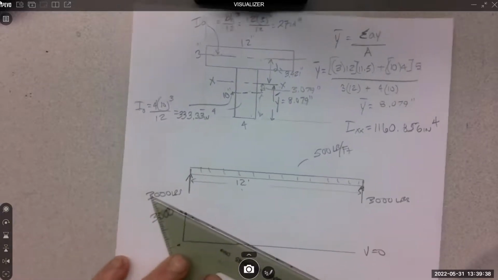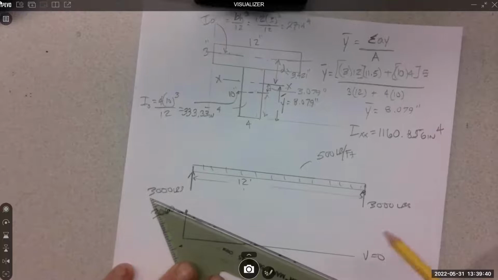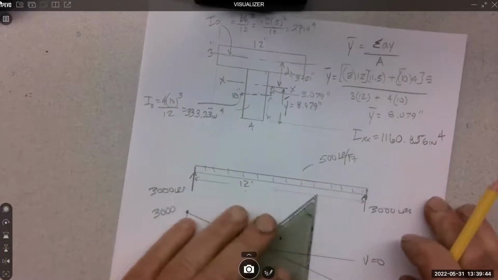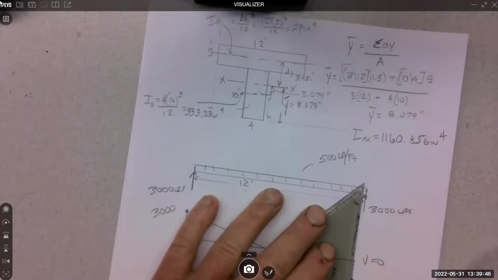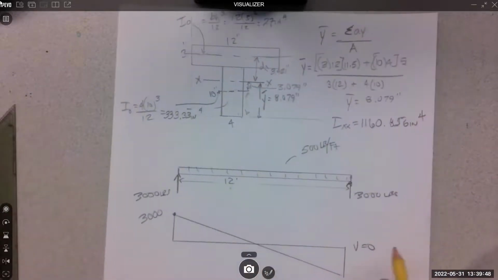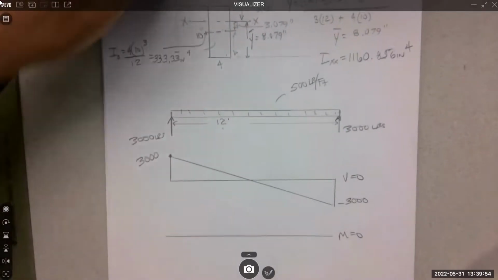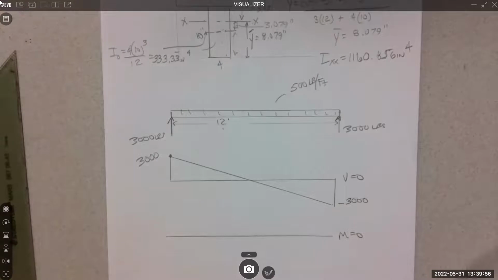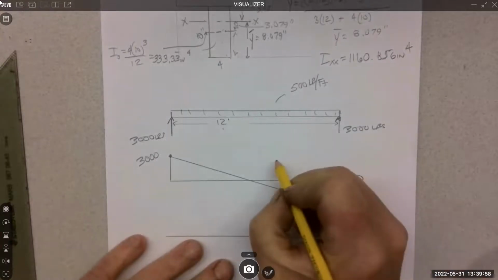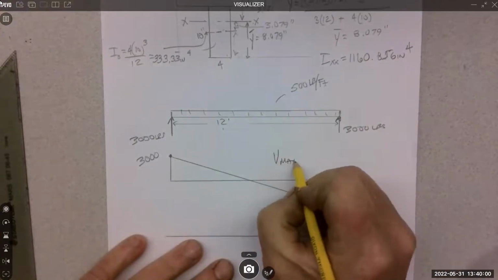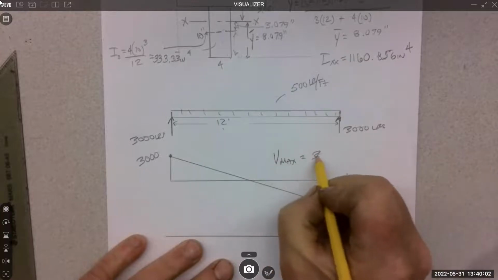Comes down at a consistent rate to the other 3,000, which then it goes up. Giving me a Vmax of 3,000.